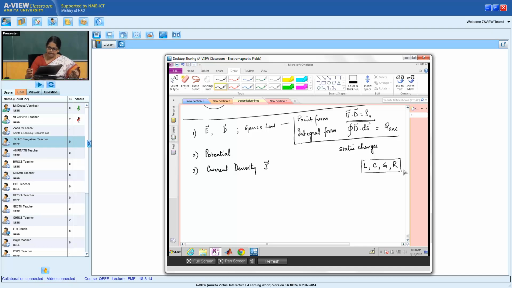So I'm going to take a small detour from here to say how this Gauss law would help you calculate capacitance per unit length.